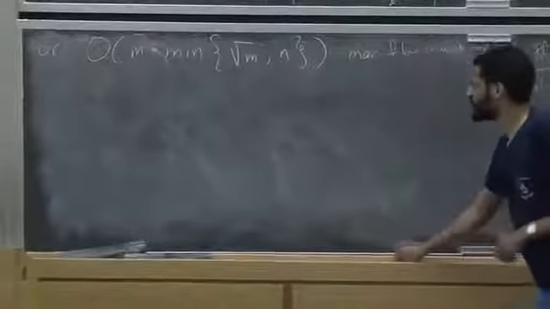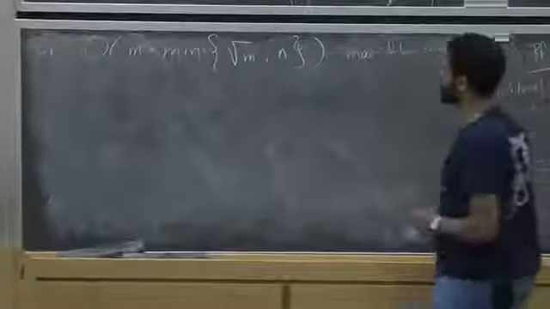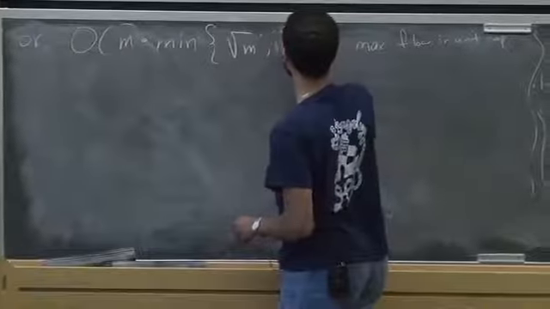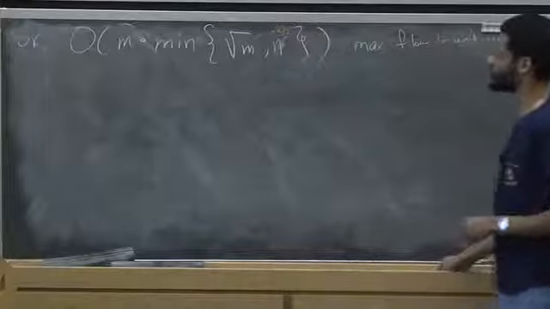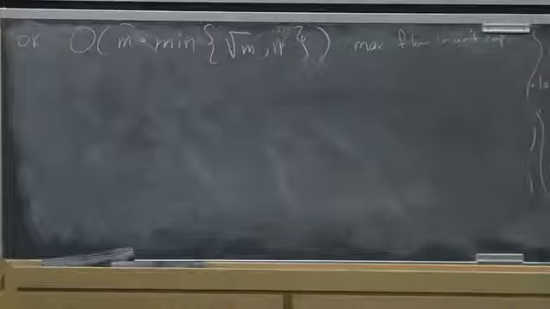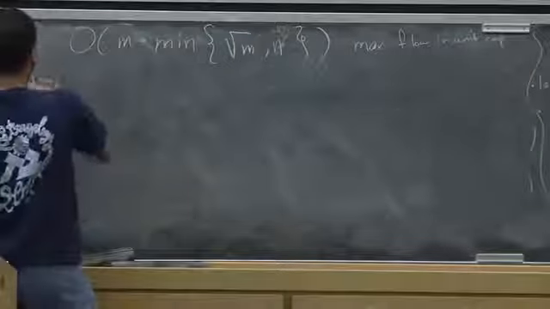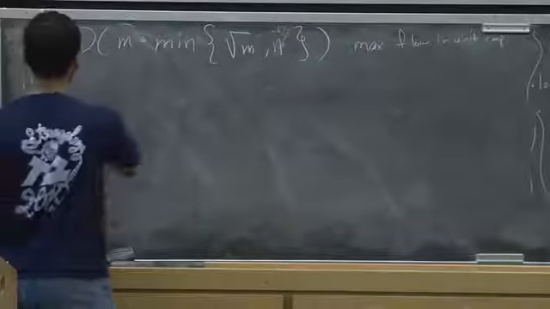In fact, I'm not going to show you here, but it's even possible, maybe I'll put it on a p-set or something. It's even possible to say that. Okay, one other thing.